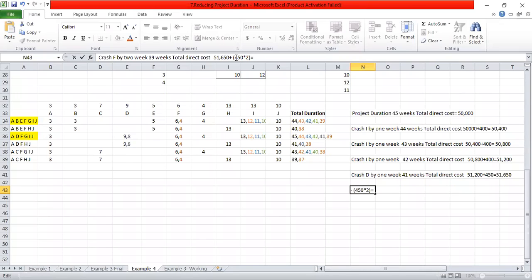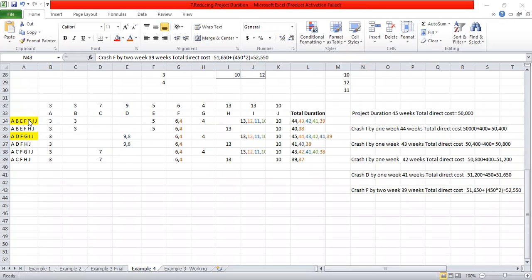So the value is 52,550. Right, very good. 52,550.